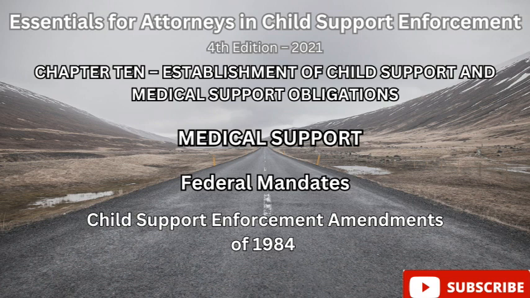Federal tax dependency exemption. Another consideration in the determination of child support is the federal tax dependency exemption. Typically, the custodial parent is entitled to take the federal tax dependency exemption. The parent can claim the exemption if he or she provides more than half of the support for the child, and the child resides with the parent in excess of 1/2 of the year.